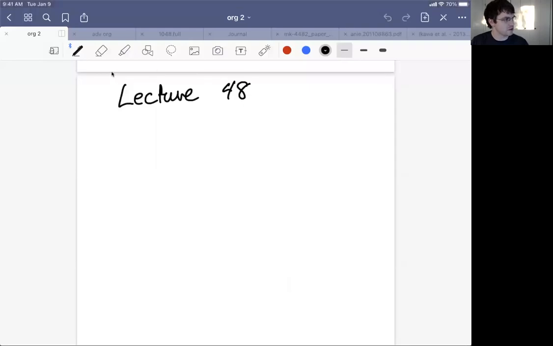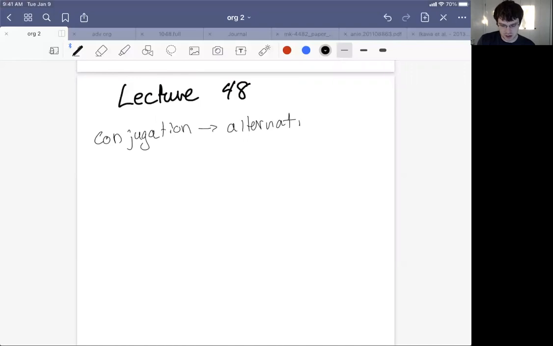So in this lecture, I want to go through something called conjugation really quick. Conjugation refers to, well, I'll just call it what it kind of is to be simple at first.